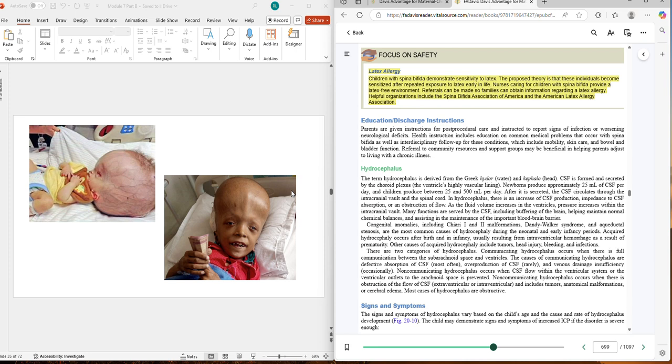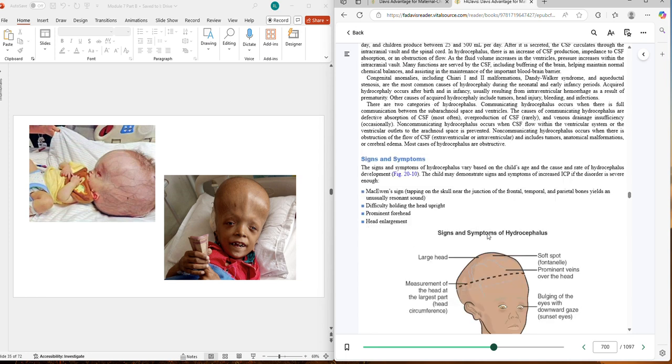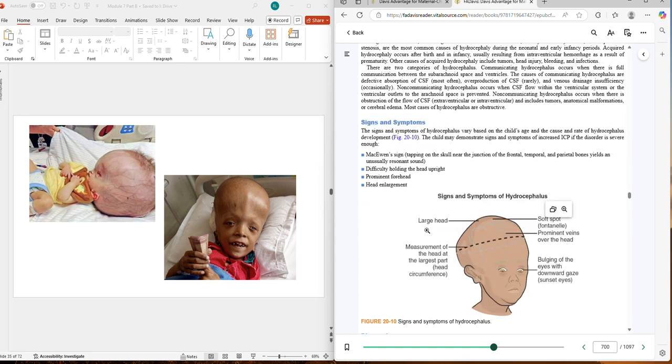Very sad situation. They end up with a shunt to drain that. But you need to be observing for, of course, ICP, measuring their head circumference daily, every shift usually. It's difficult for them to hold their head upright. These are very critical patients.